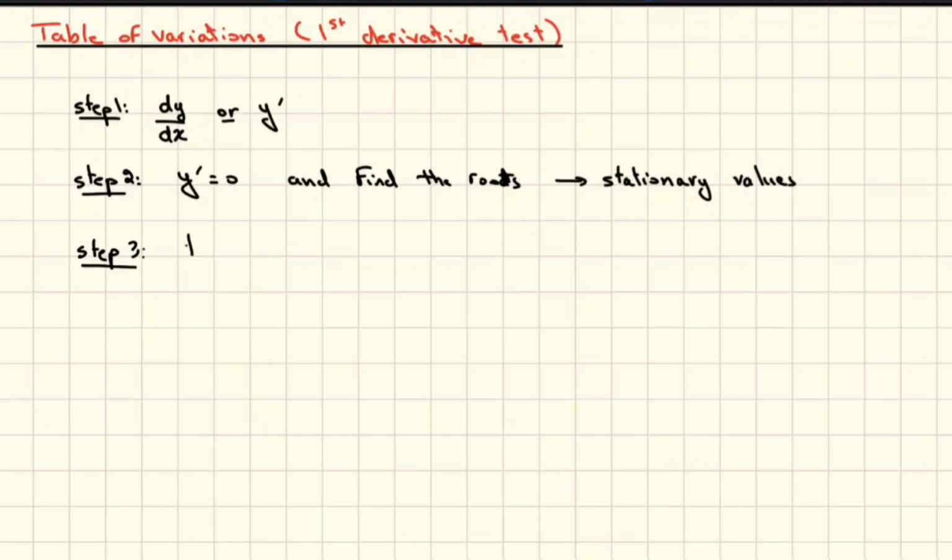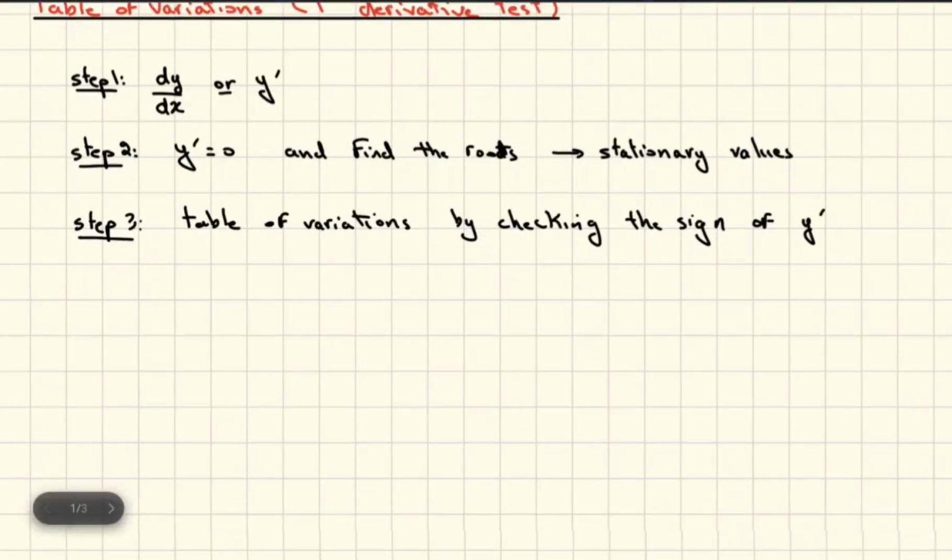Step 3 is to do the table of variations by checking the sign of y prime, the derivative. Let's see an example.